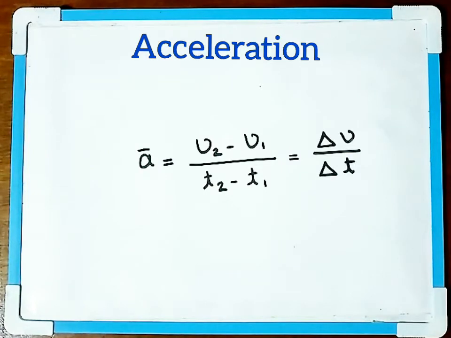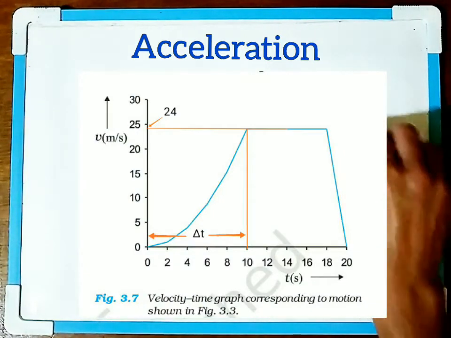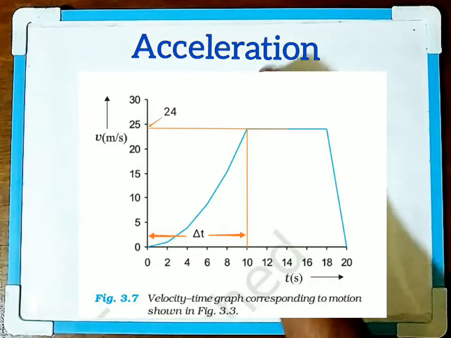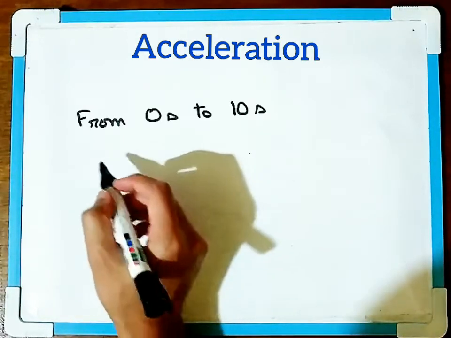So in this example, the motion of a car in a straight line, in the time interval 0 to 10 seconds, we can calculate the average acceleration.